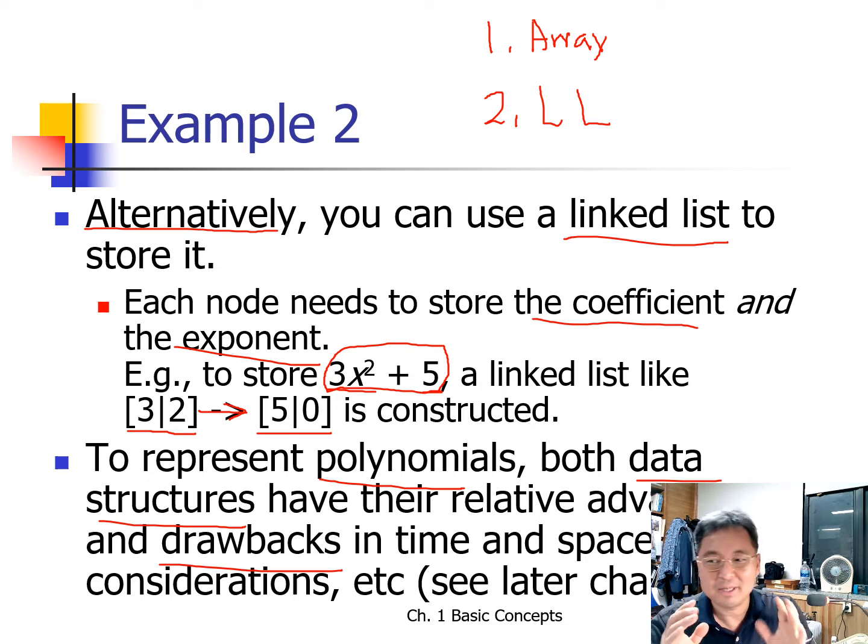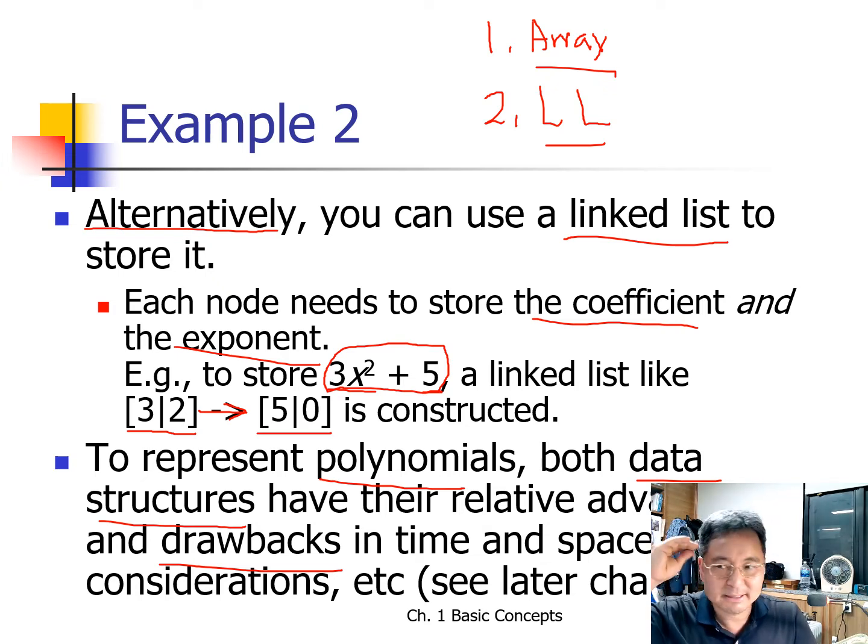So we can find alternative data structures for specific problems. In this example, the problem is polynomial data. So polynomial data can be stored in an array or a linked list.